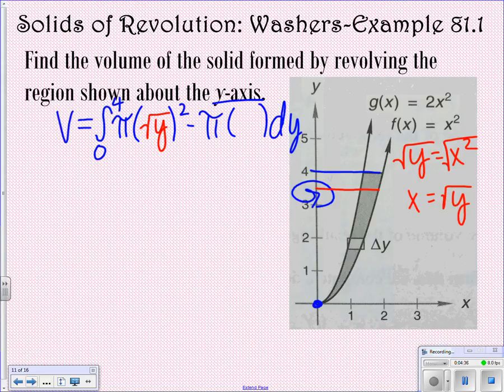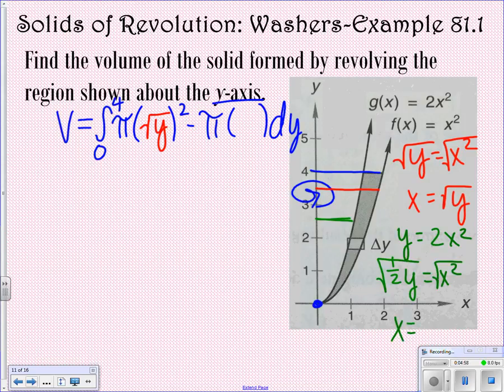And then for my little r, that is going to be the function for g of x because it's closer to the axis of symmetry. And so y equals 2x squared. So 1/2 y equals x squared, and then take the square root.